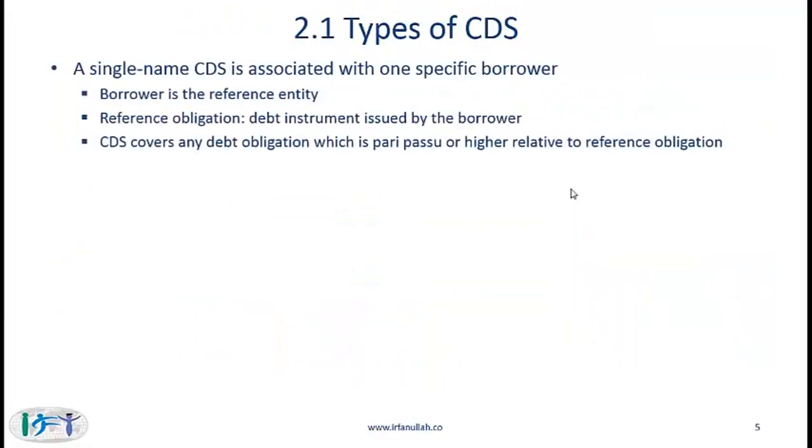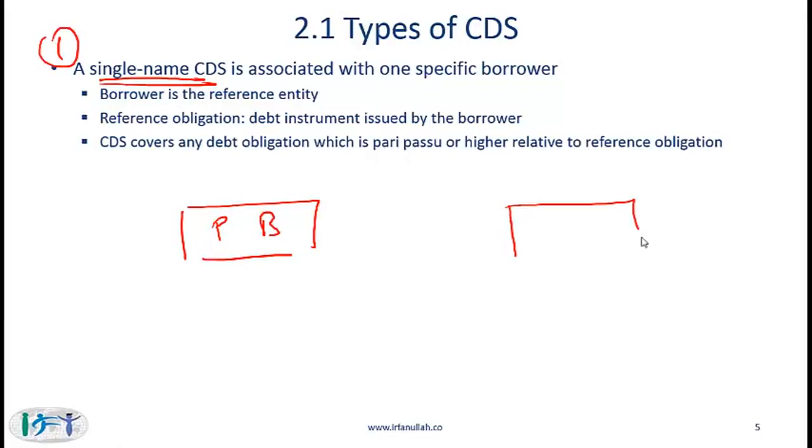Let's start with the different types of credit default swaps. There are three types. The first one is a single name CDS. And a single name CDS is associated with one specific borrower. If we go back to the picture from the previous slide, we have a protection buyer and a protection seller.